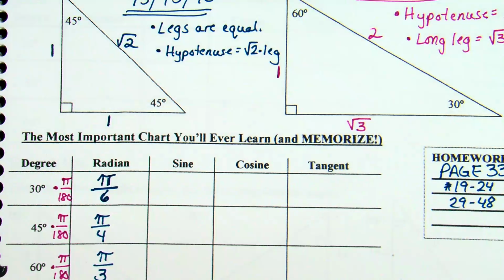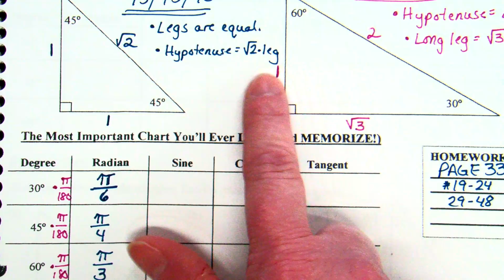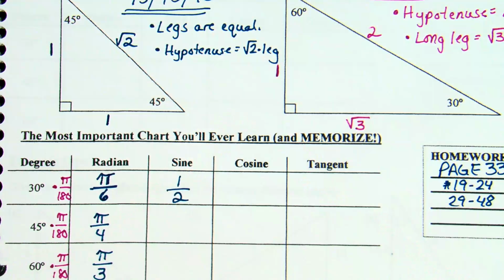SOHCAHTOA from yesterday. We have a 30, 60, 90, yes. So sine of 30, we're using our triangle. Opposite over hypotenuse, 1 over 2, or in other words, 1/2. This is why you have to know the triangles. Because if you forget something on the chart, how do you figure it out? You go back to the triangles.